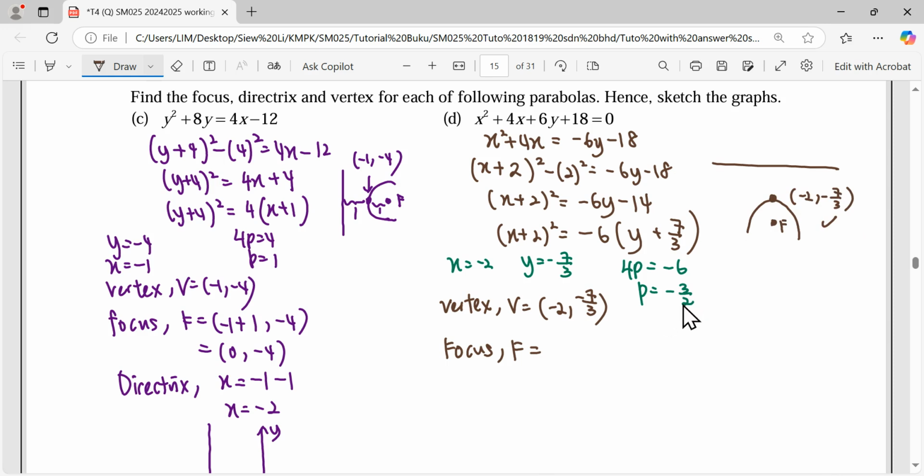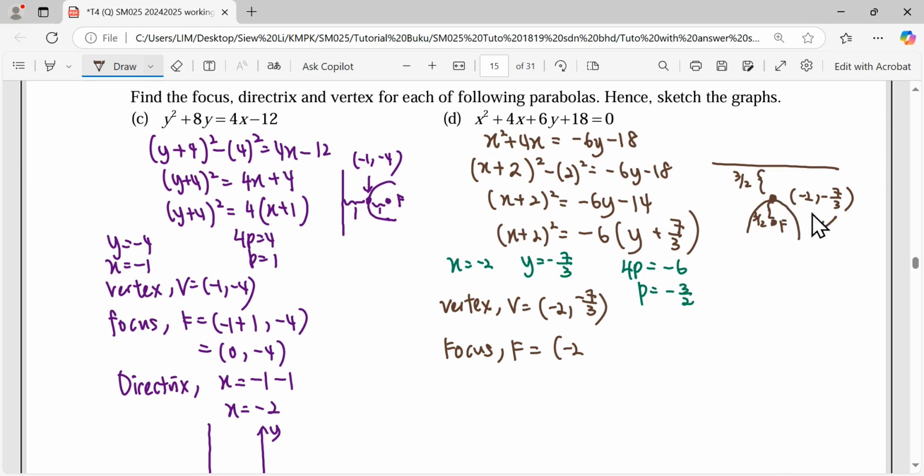The p value is negative, which already indicates that this parabola opens downward. The value here is 3 over 2, which means that this distance is 3 over 2 units, and here also 3 over 2 units. Therefore, to find the focal point, we move downward 3 over 2 units from the vertex.